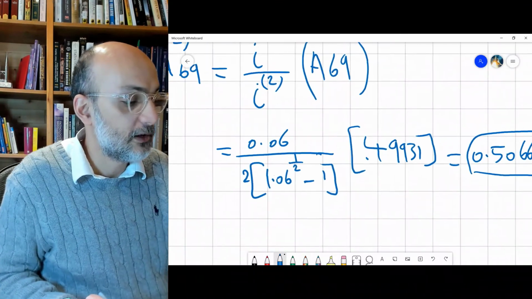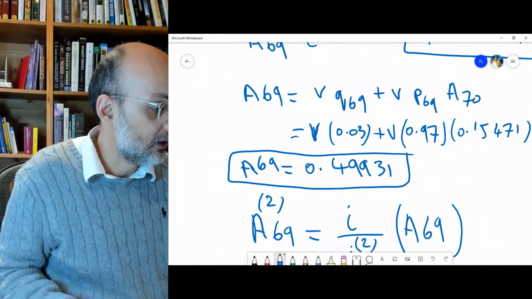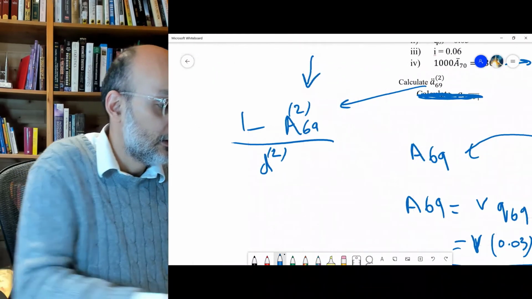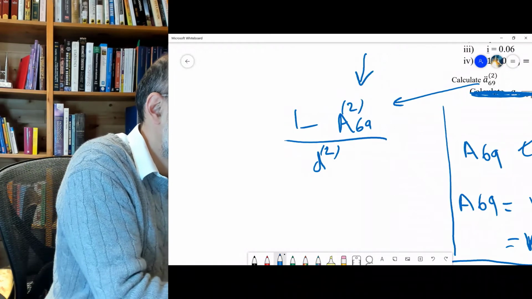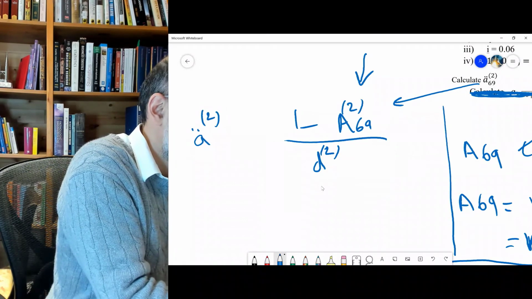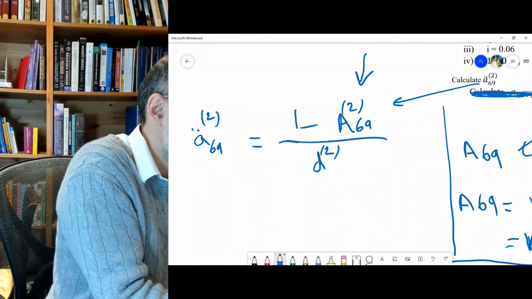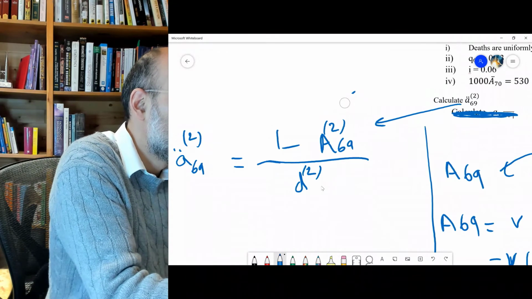We're almost there. So let's go back to our question. What was the question? The question is to find A(2)69, and we said this is the formula. So now we got this one.